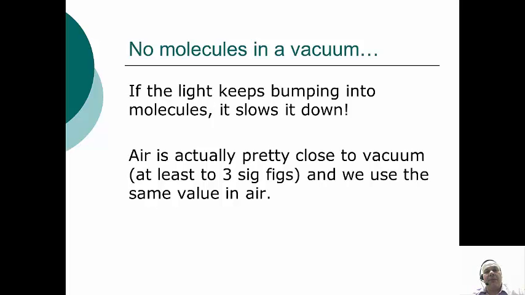So if my light is passing through an actual material where there's molecules, its velocity is not c, right? But in a vacuum, or even in air where there are very few molecules, it's a reasonably constant value of, again, 3.00 times 10 to the 8th meters per second.